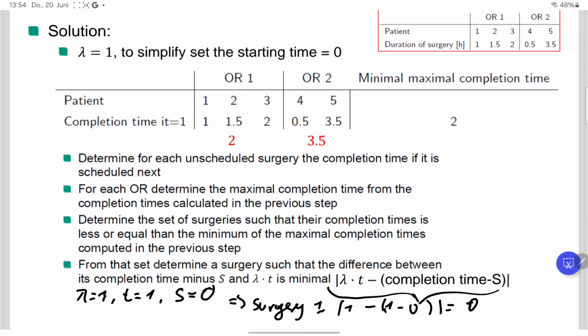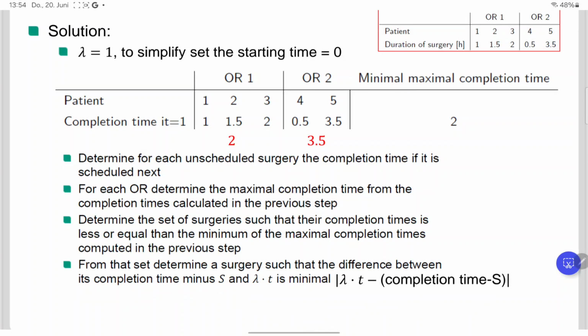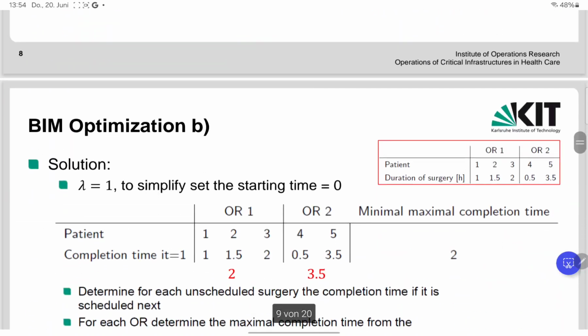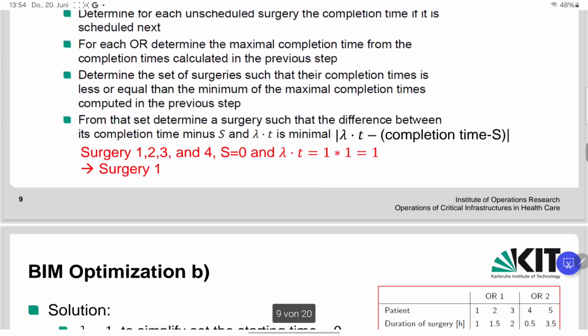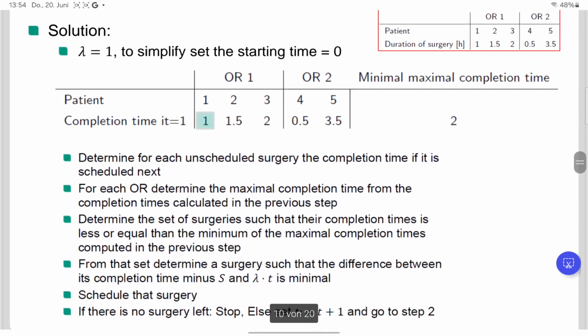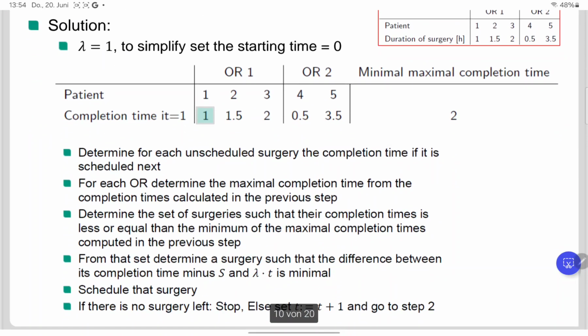It cannot be less than that. This is why we will choose surgery 1 and patient 1 to assign first. So this patient has to be assigned to the first operating room as the first one.